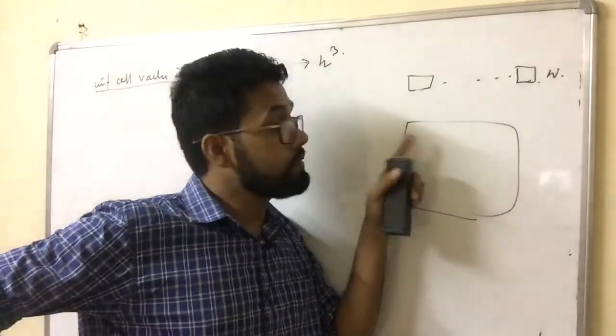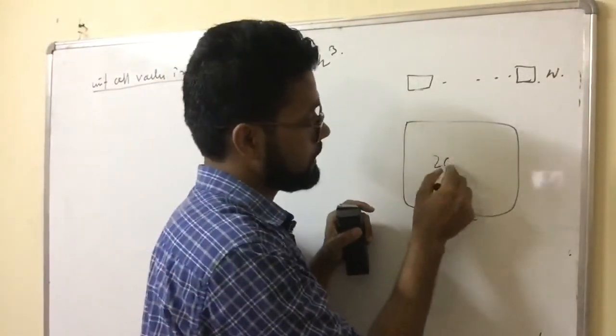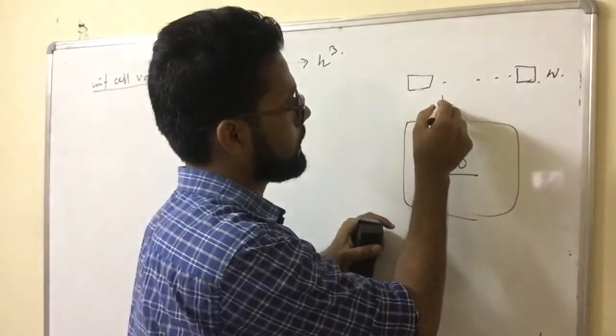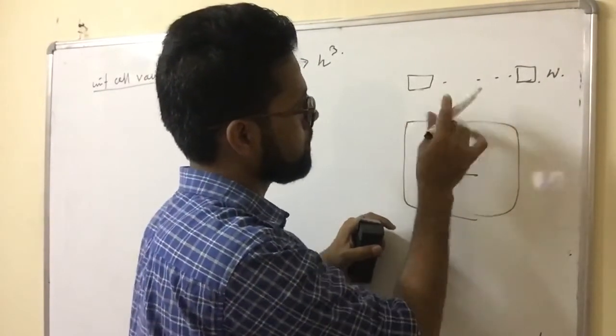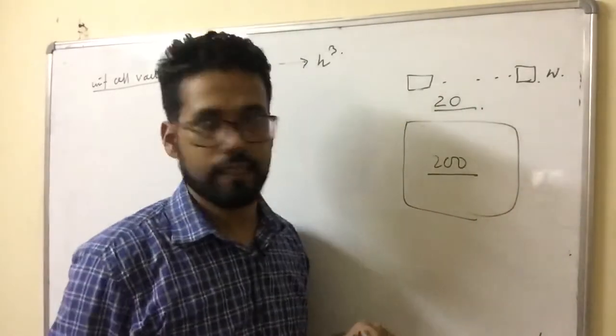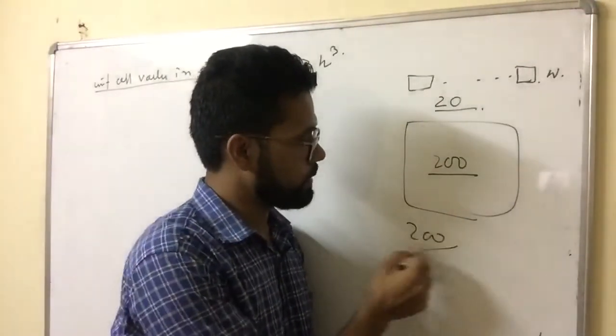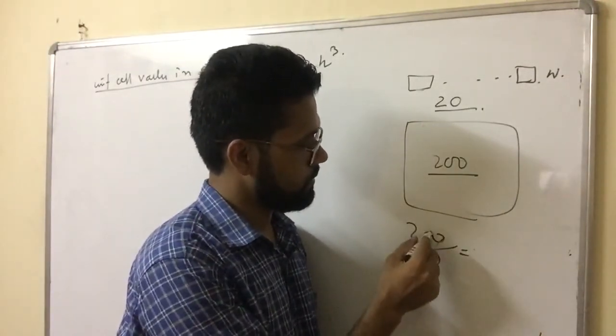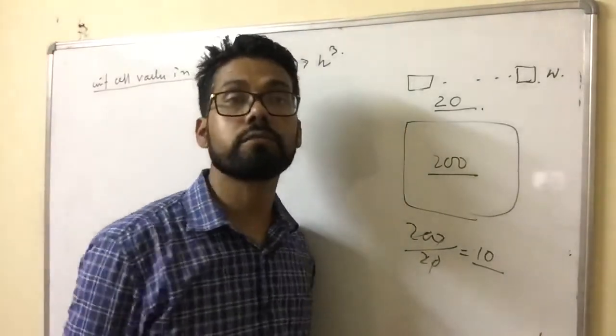Suppose this is 200, and there are 20 chairs. If I divide 200 by 20, I get 10. That is the density of chairs.